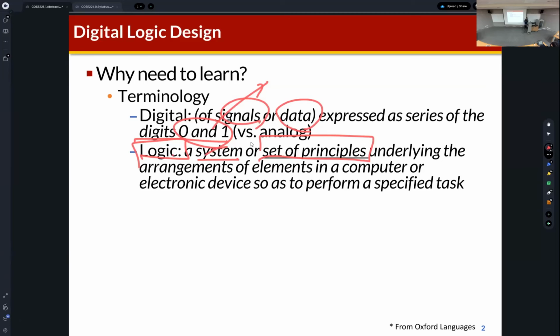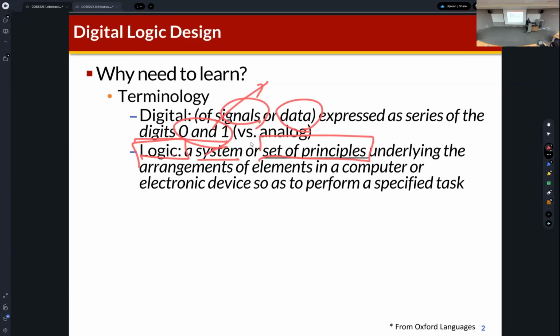If the systems are very simple, then we don't need to learn about them. But computer systems are very complex, and they change very fast. But these complex systems start from simple logic gates, simple gate blocks.